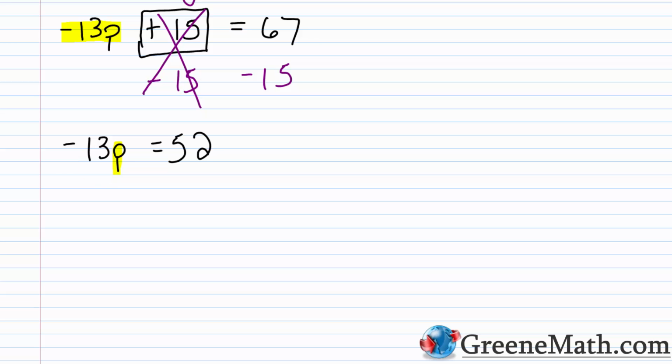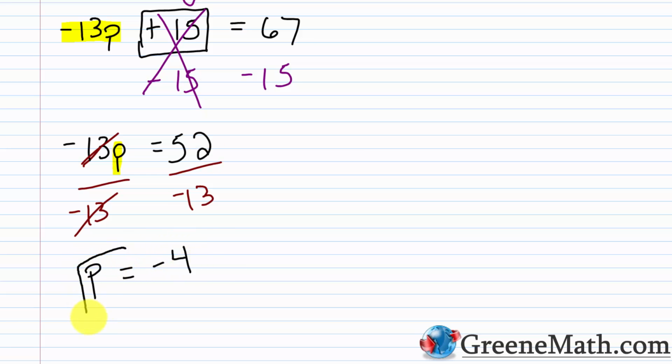So we're going to divide both sides of the equation by the coefficient of p, which is negative 13. Very, very simple. So this cancels with this, and I'm just going to have p. And then over here, what is 52 divided by negative 13? Well, it's going to give me negative 4. And that's my solution. P is going to equal negative 4.